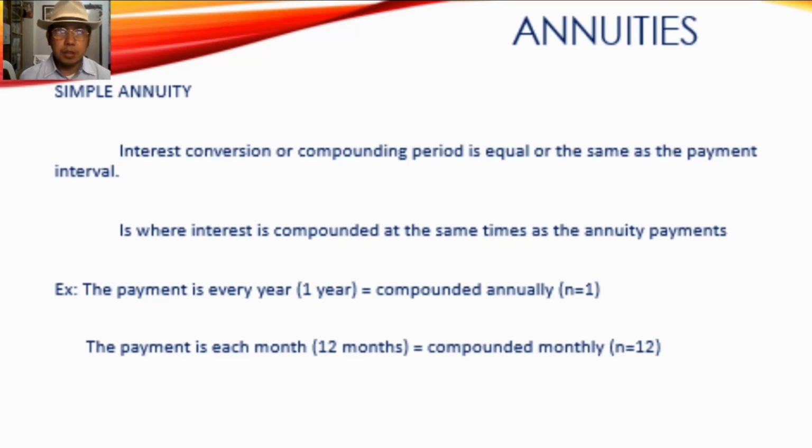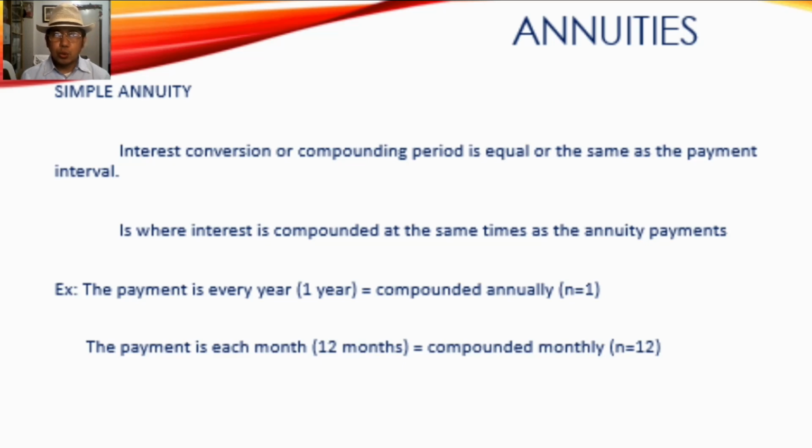How many times is the interest rate applied in a year? 12 times. So you will notice there is equality. If there is equality of the payment interval and the conversion period, the problem is a simple annuity. Okay? Simple annuity.